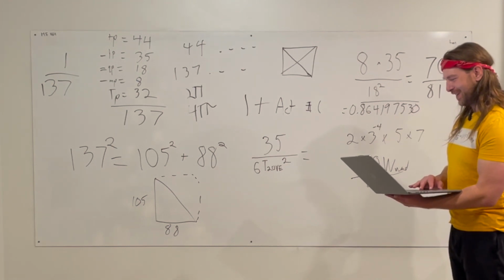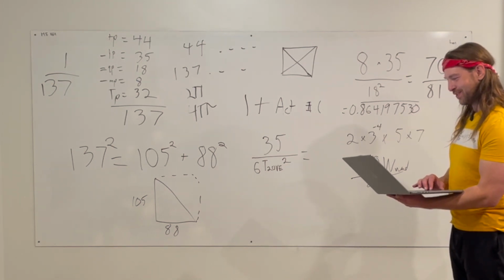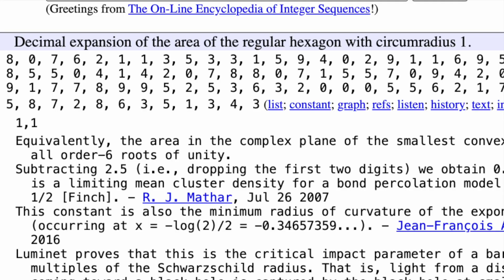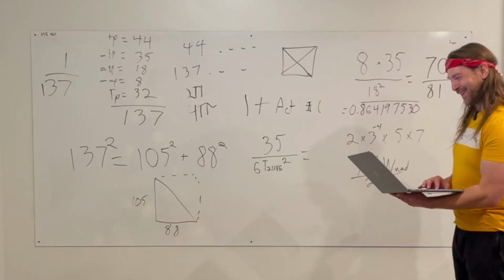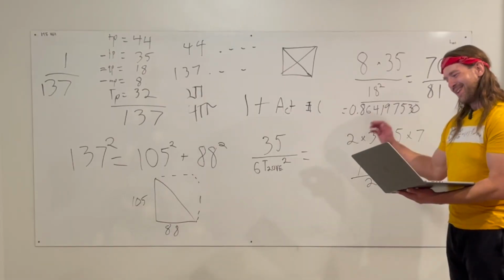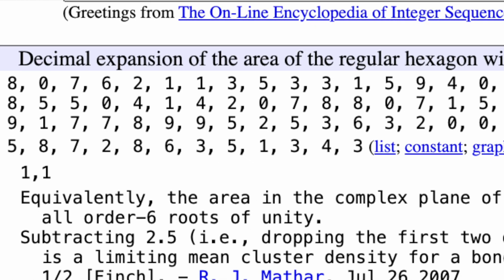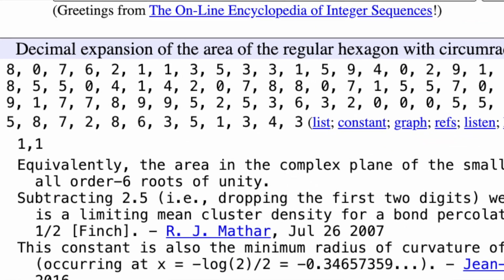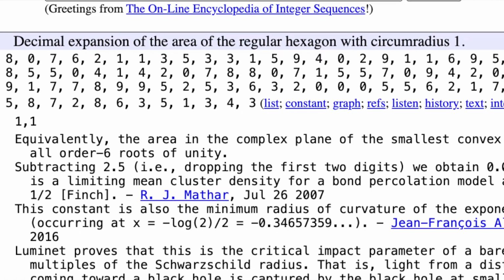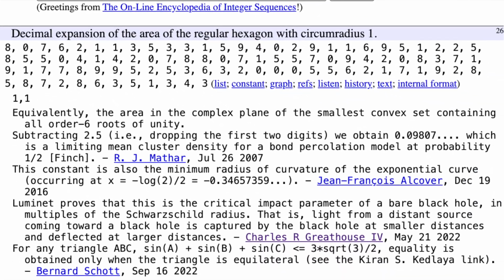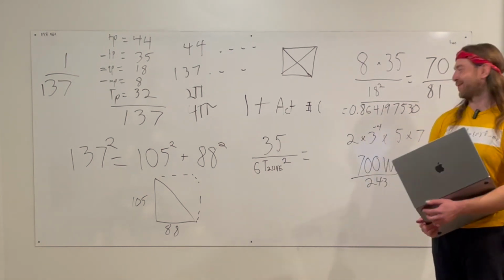Okay. It gets very interesting because when you actually go to the Online Encyclopedia of Integer Sequences, this is a very interesting thing because, equivalently, it's the area in the complex plane of the smallest convex set containing all 6 roots of unity. I'm like, weren't we just talking about something that had 6 roots of unity?